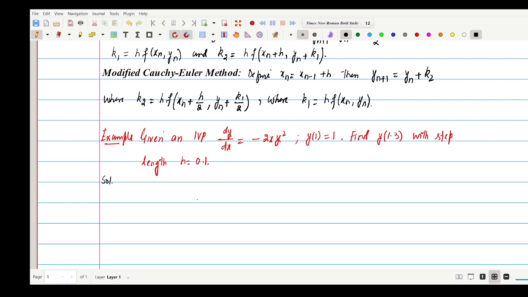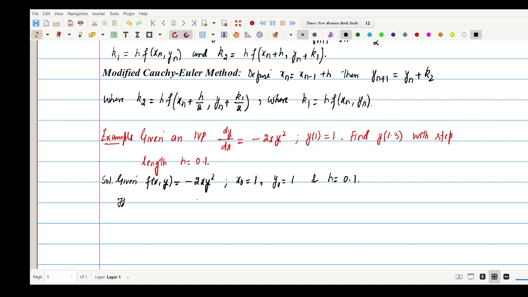In the solution, we are given f(x, y) = -2x y^2. We are given x0 = 1, because y(x0) is defined as y0 in the definition, so we have y0 = 1, and we are given that h = 0.1. Now first we shall evaluate x1, x2, and x3 so that we can arrive at 1.3.